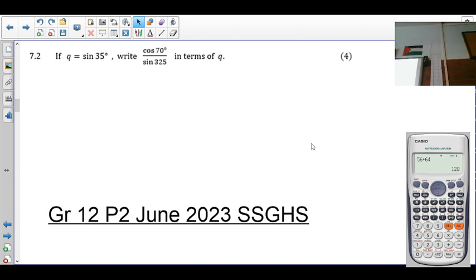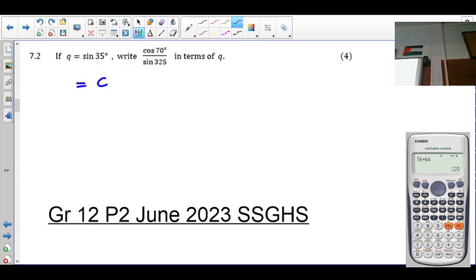People, if q is equal to the sin of 35, write cos of 70 over sin of 325 in terms of q. So of course I must relate every angle to 35 degrees. We know that 2 times 35 is 70.